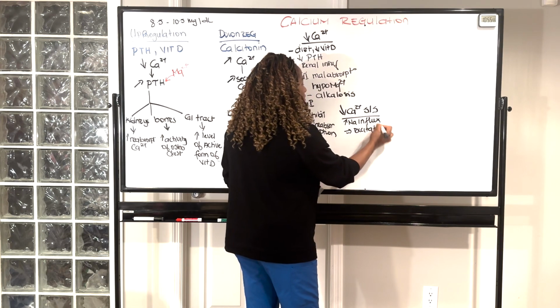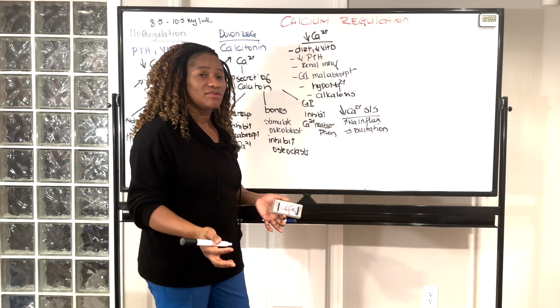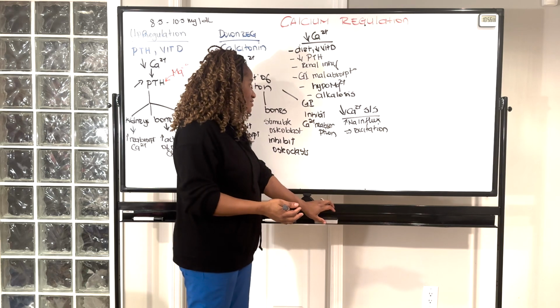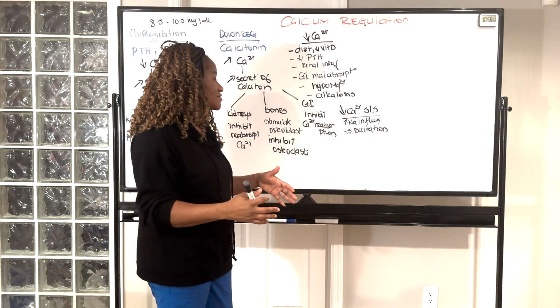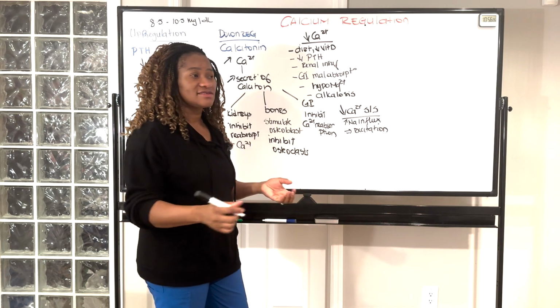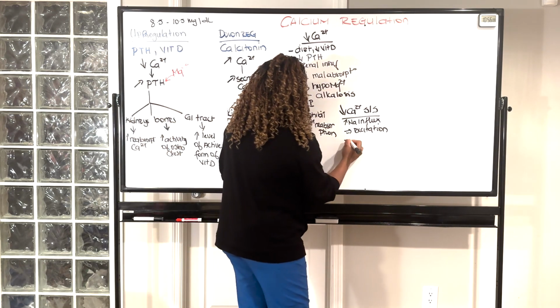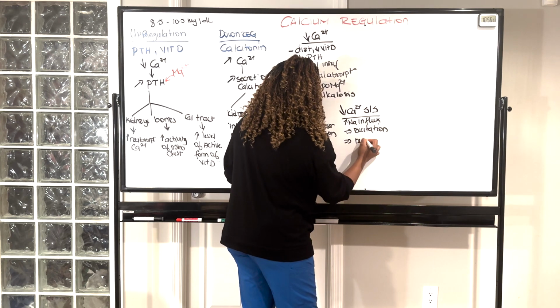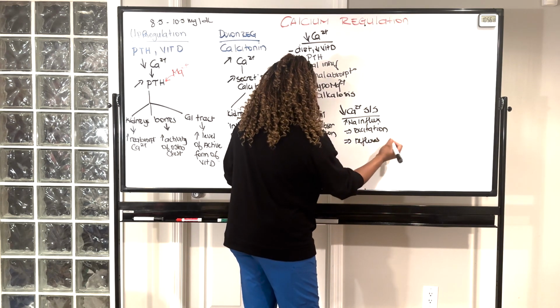So all the membrane are going to be easily excitable. And how is this going to transfer into our body system is that we're going to have high reflexes. So our reflexes, hypersensitivity.